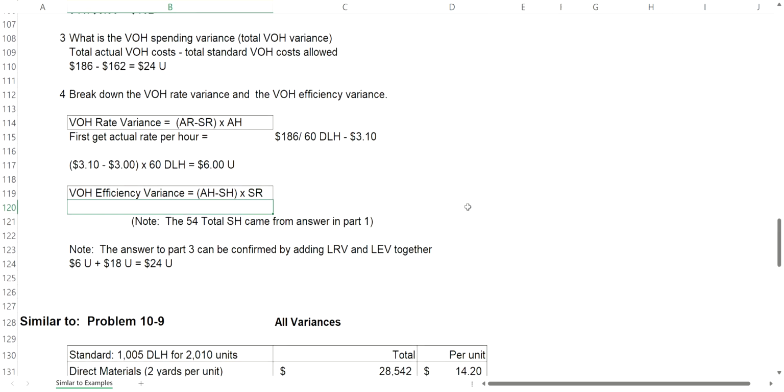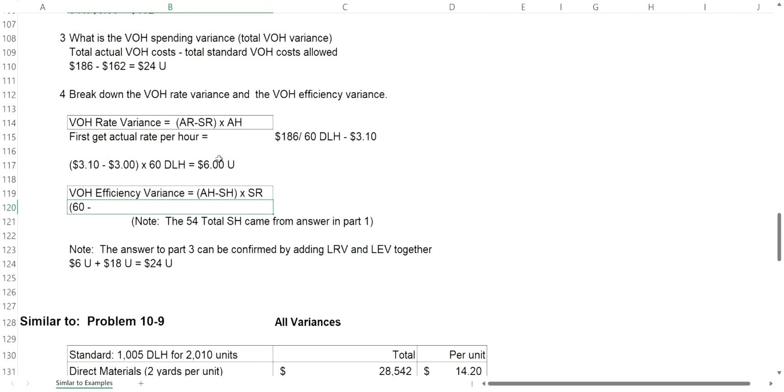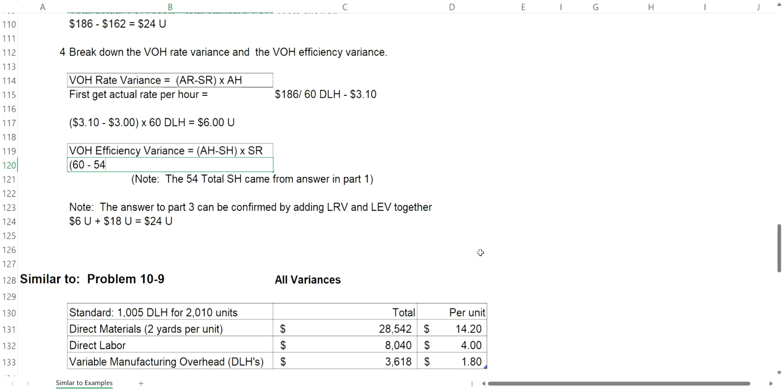Okay, for the variable overhead efficiency variance, that formula will be to take the actual hours, which were given to you at 60. If you go back to part 1, remember we calculated the standard hours is 54. And then we'll take it times the standard rate per hour, which is given to you at 3.